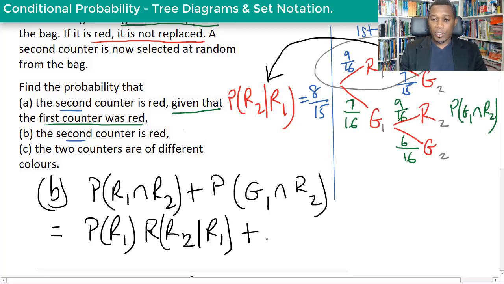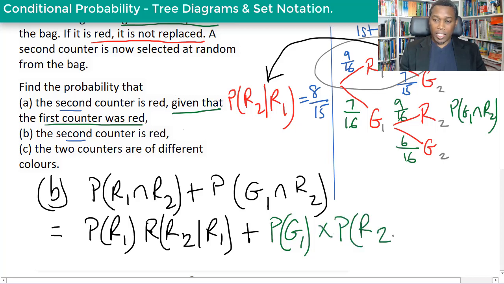And what that is, the probability of getting G1, that should be a P. So probability of getting green the first time, 7 on 16, multiplied by the probability of getting red the second time, given that we had green the first time.